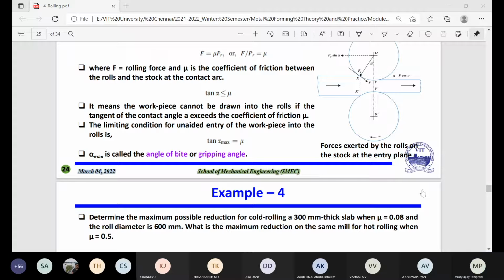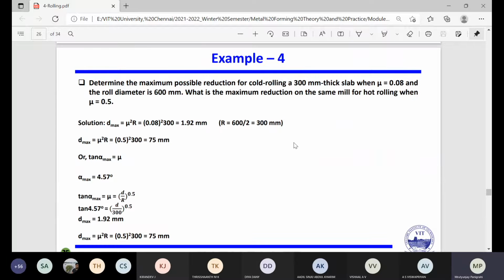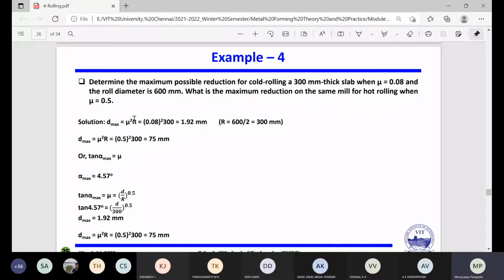One minute I will take. Okay, you can see. In two ways you can do this.